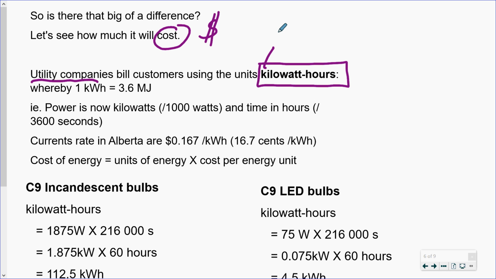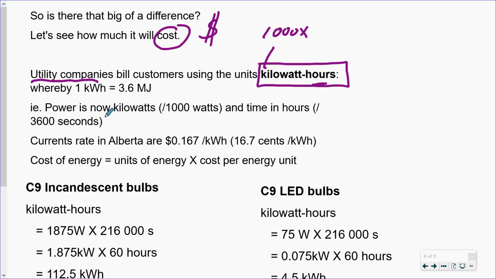So kilo is 1,000 times. So whatever you have for watts, to get kilowatts you divide it by 1,000. And hours, of course, well, we just did the conversion from hours to seconds, and now we're just going to reverse that around because people are billed on the hourly rather than the second rate.